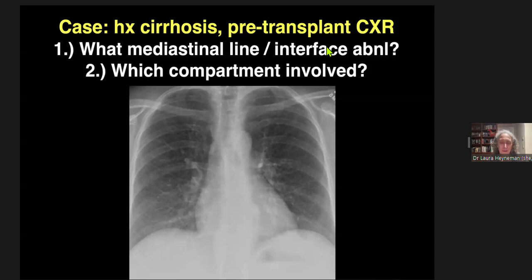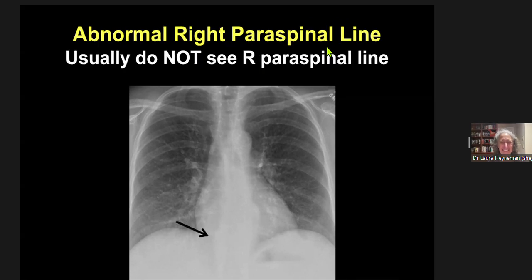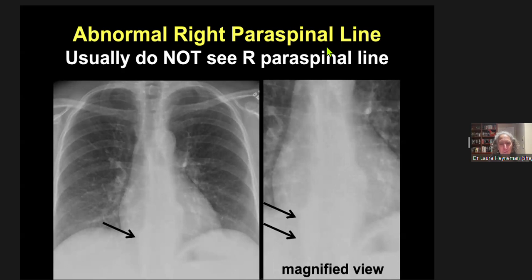Our eye is automatically drawn to the mediastinum because I'm asking you about that. And I will tell you that one of the first things that I see is that there is an abnormal right paraspinal line. So there is a focal convexity to the right of the spine. Normally, we don't see anything to the right. Here's a magnified view.